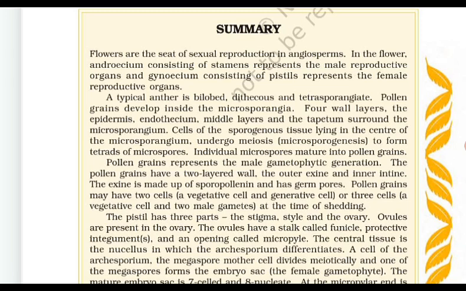In such species, each ovule contains many embryos. Occurrence of more than one embryo in a seed is referred to as polyembryony. Examples are citrus and mango.